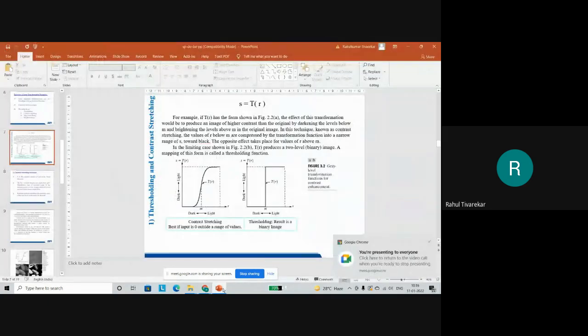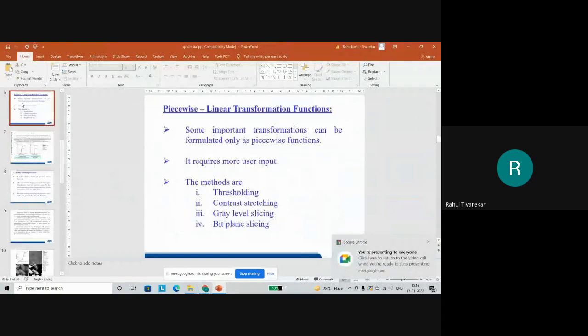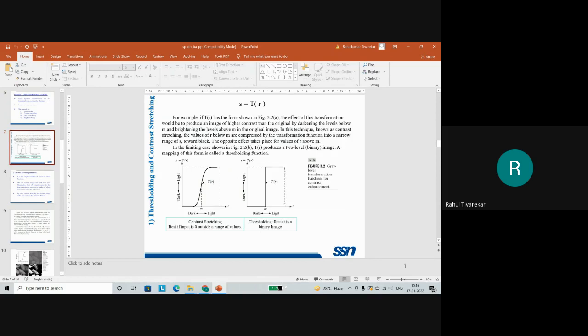So, in the last lecture, we started with the point processing operations, or piecewise linear operations, on the image to transform or to enhance the intensities present in the input image. There we started with the thresholding and contrast stretching operations.